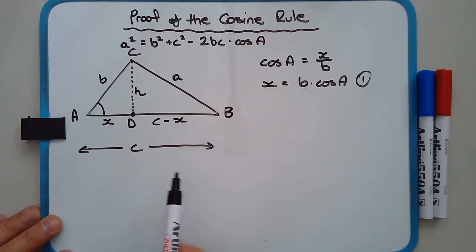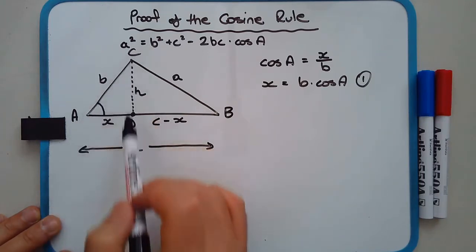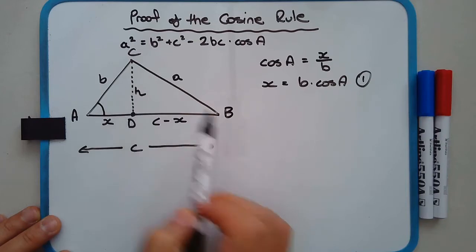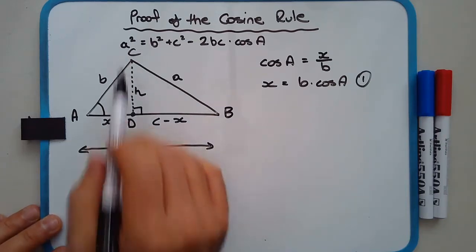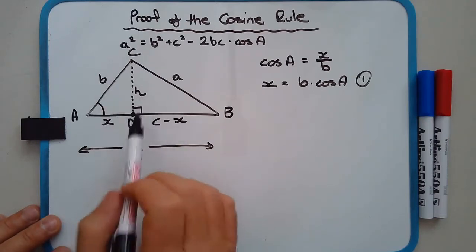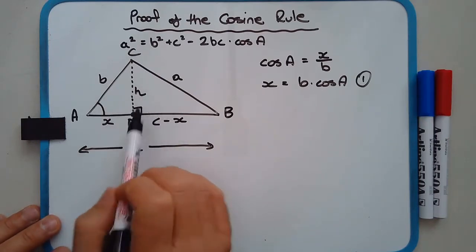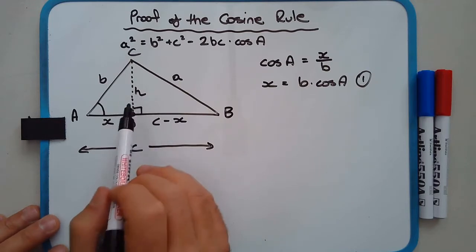All right, so that was the triangle ACD. Let's have a look at triangle BCD now. That is a right angle here, of course, because that is the perpendicular height of this triangle. Let's see if we can come up with some equation that involves the h.